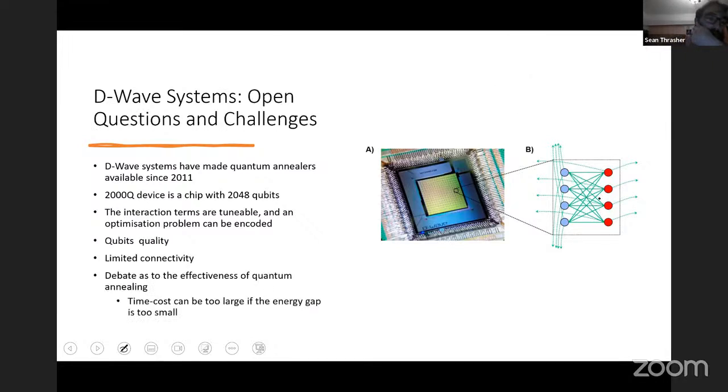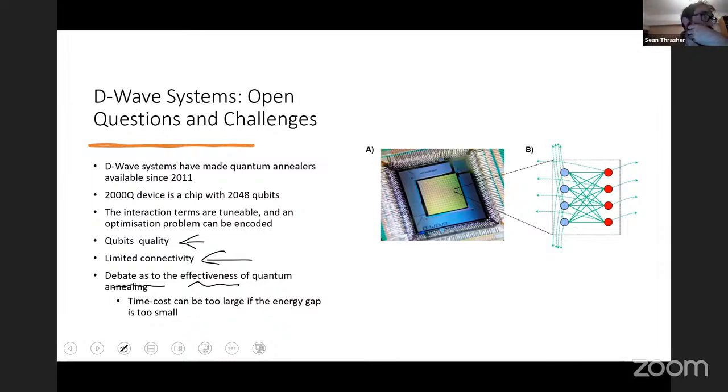But there's a few problems. First of all, the qubit quality is quite poor currently, and the connectivity is quite limited. And so there's a debate as to whether there's even an effectiveness of quantum annealing.